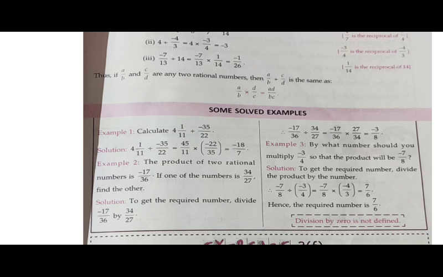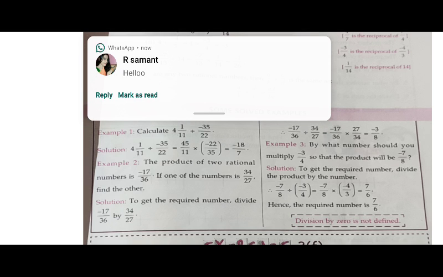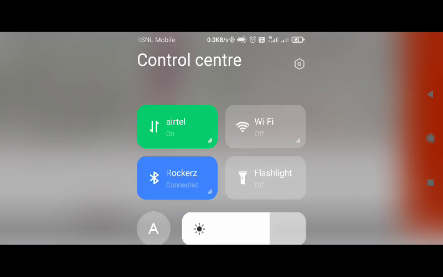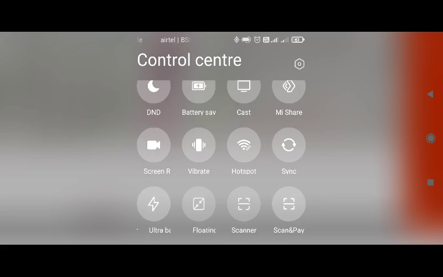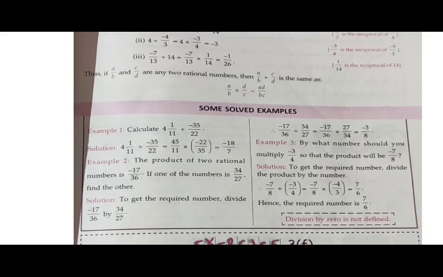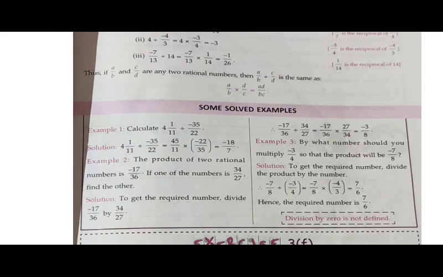You know that while dividing, in example 1, for the second rational number you should write its reciprocal. Reciprocal means ulta. So 4 whole 1 by 11 divided by minus 35 by 22.